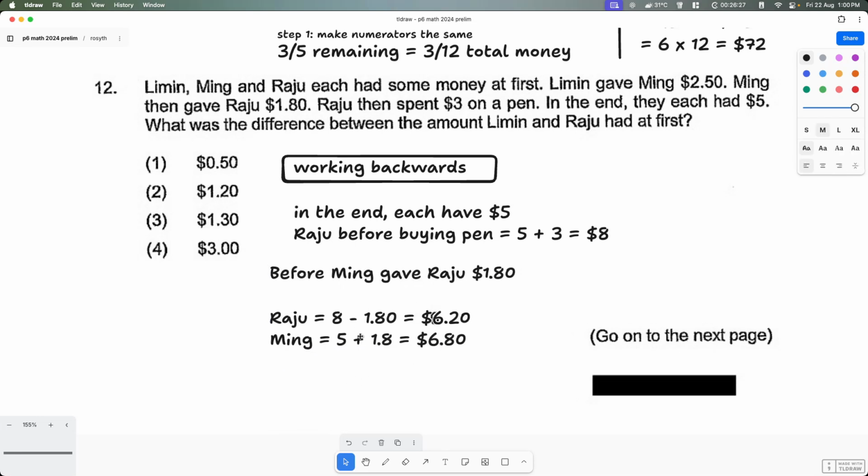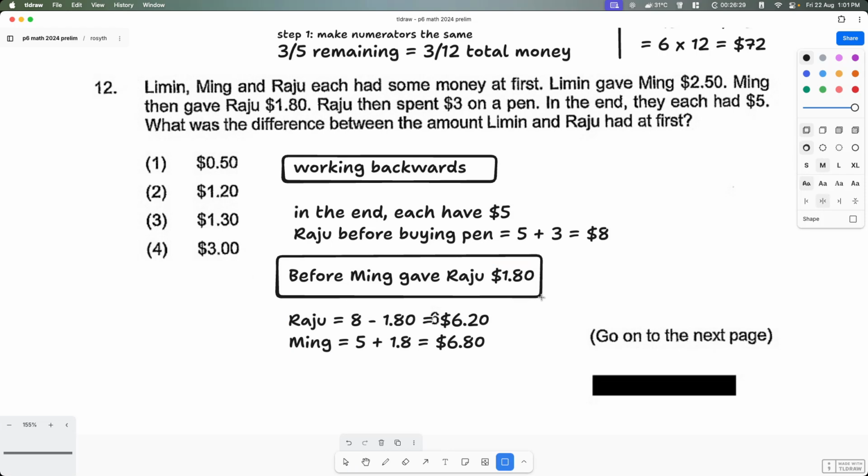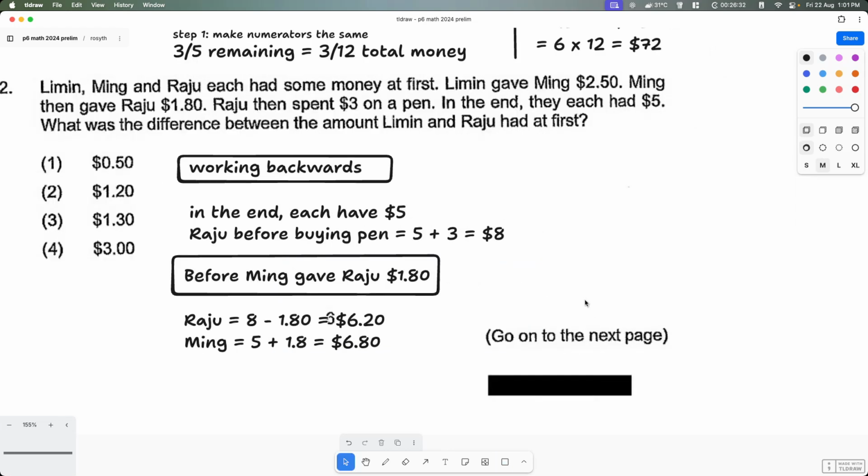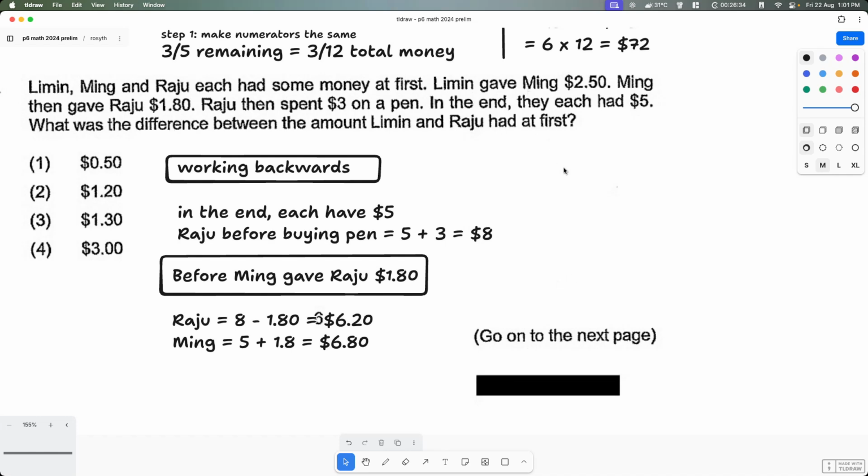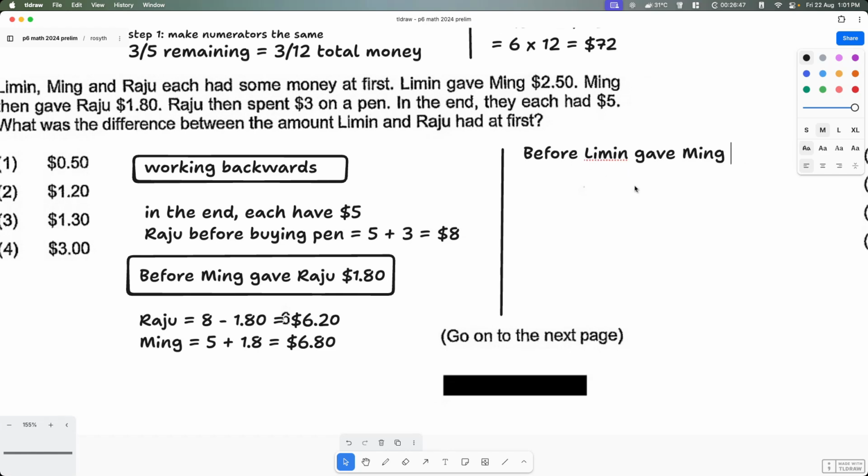Before Ming gave Raju 1.80, Raju didn't have that. And then next one, Li Min gave Ming 2.50. So same thing. Before Li Min gave Ming $2.50, Li Min has 5 plus 2.5, which is $7.50. And then Ming is equal to 5.